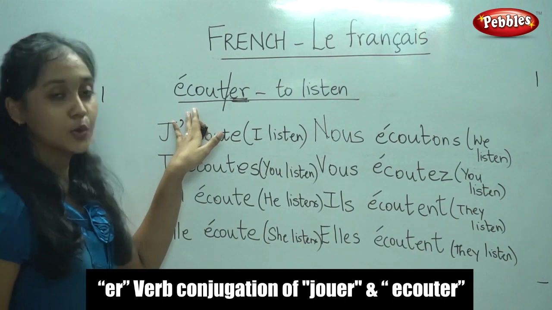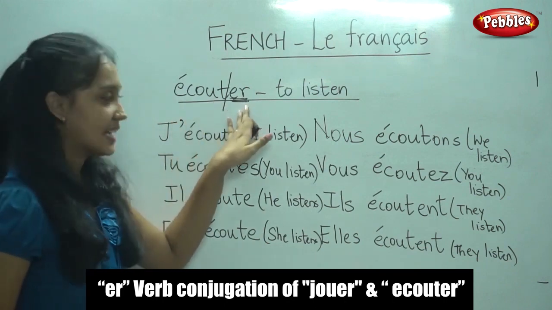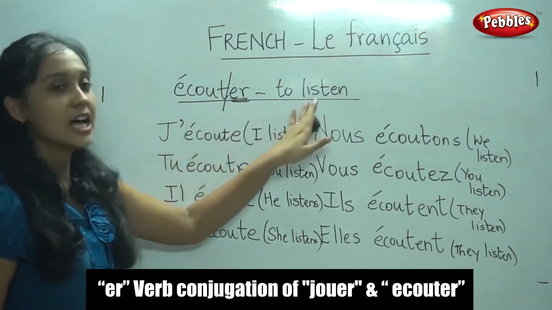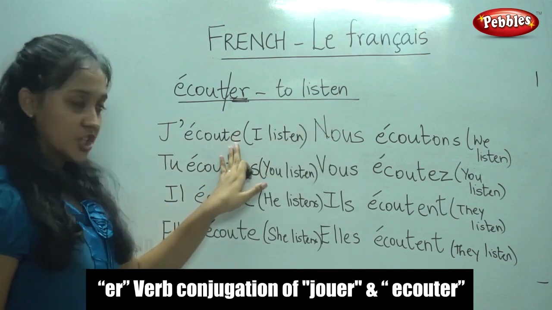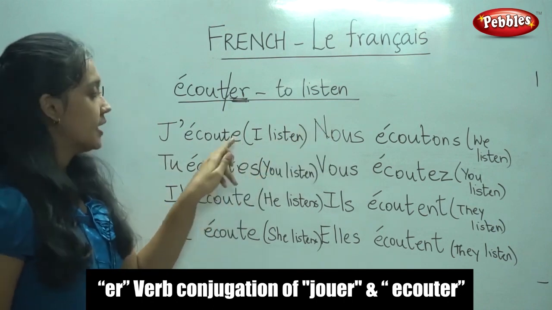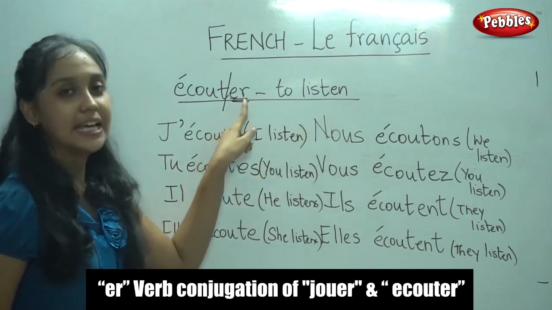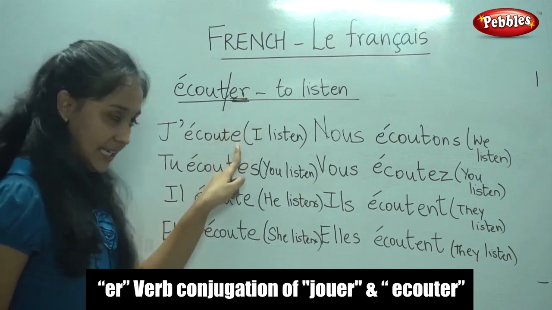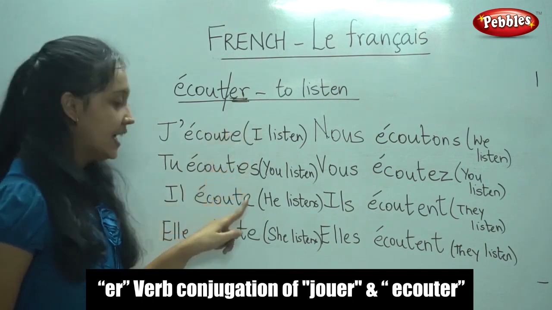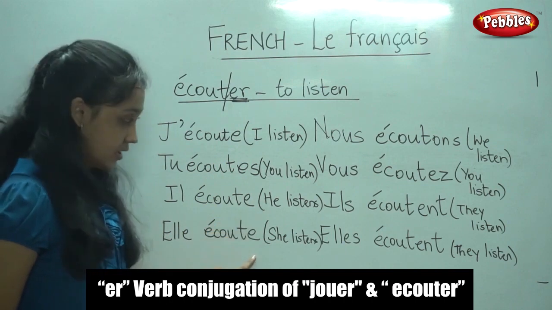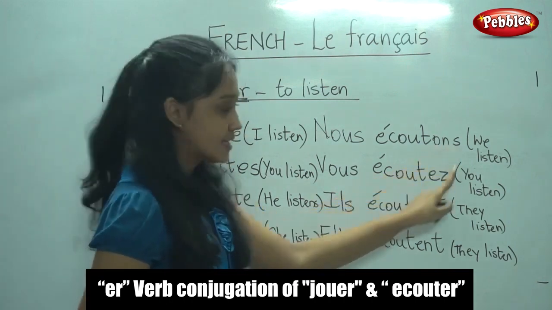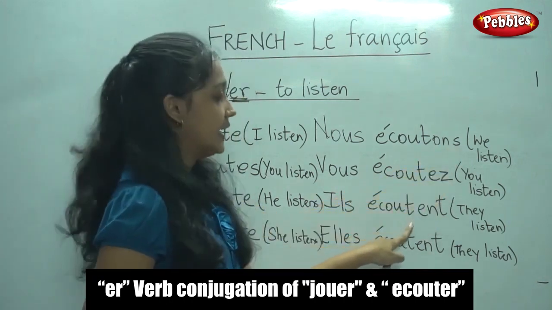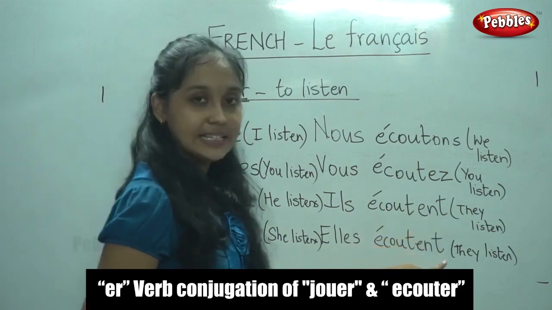So, écouter is the verb. It is an ER verb. It means to listen. The conjugation is as follows. We remove ER and replace it with E, ES, E, E, ONS, EZ, ENT, ENT.